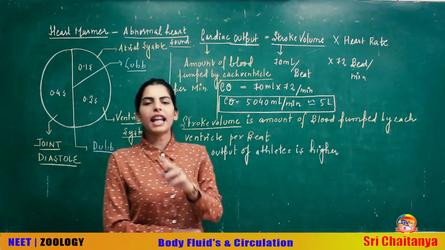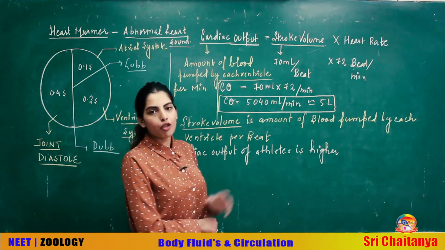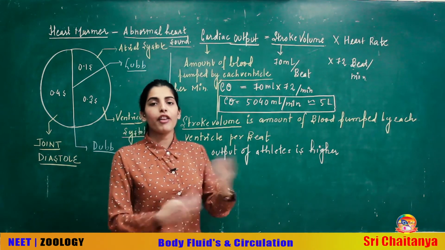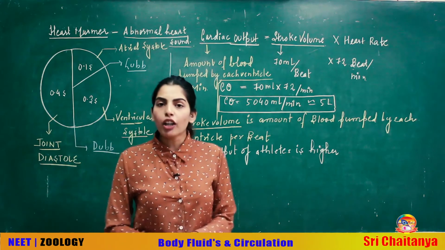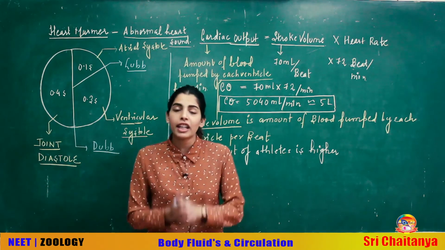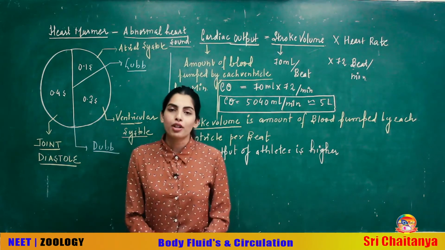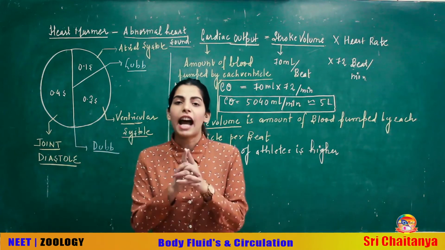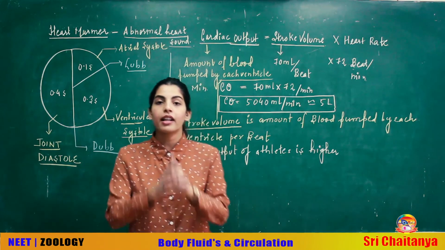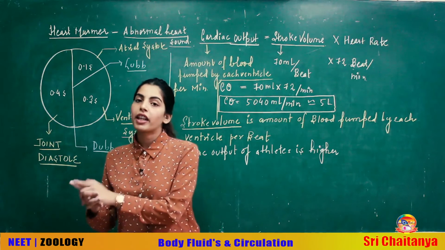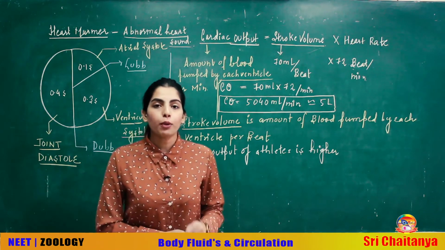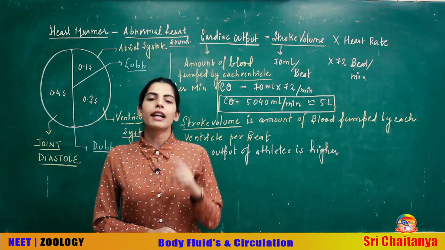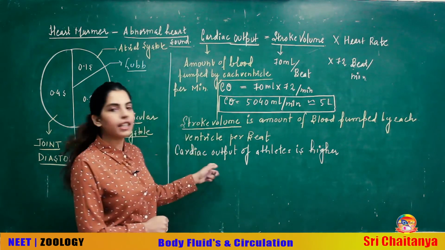So if I ask you, can you vary your cardiac output? Your answer would be yes. You can vary your stroke volume, you can vary your heart rate, and that's how you can vary your cardiac output. In fact, students, in athletes, in sports persons, cardiac output is very, very high. Cardiac output can be even 5 times more, which is seen in the athletes.